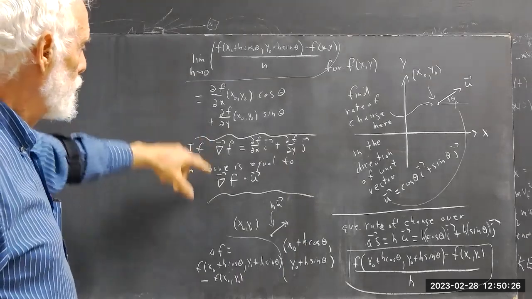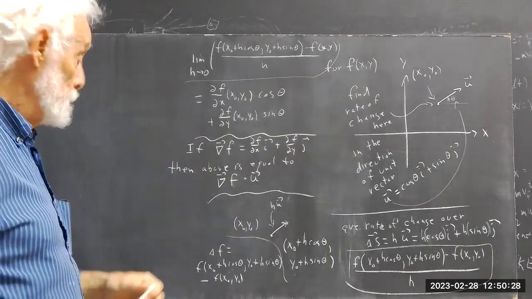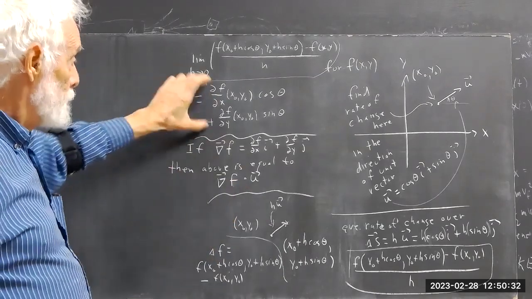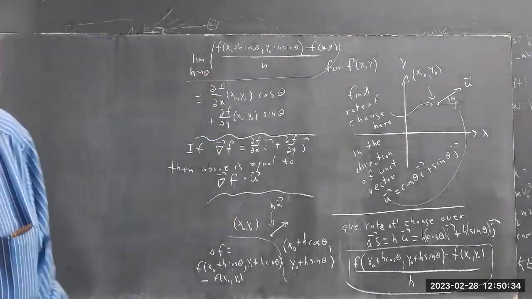And what we did up here is it's equal to del F dot U. So write that out for me and show me that del F dot U equals just what we have up here.